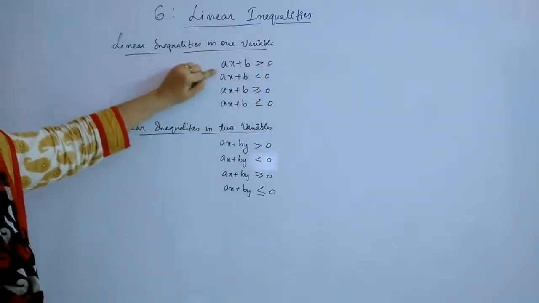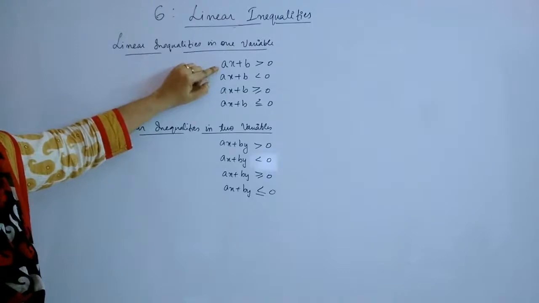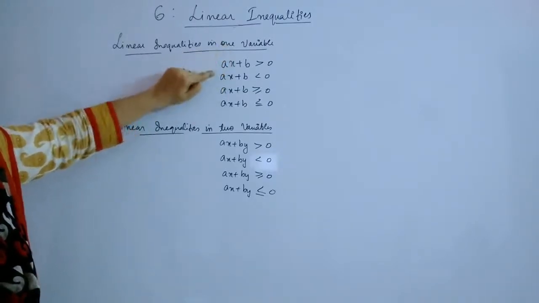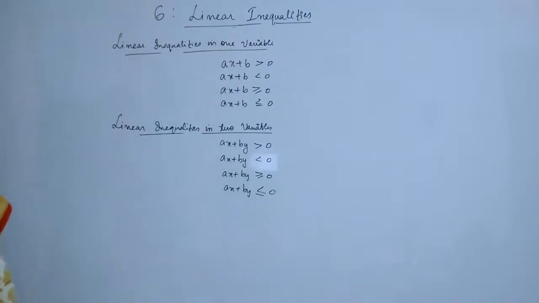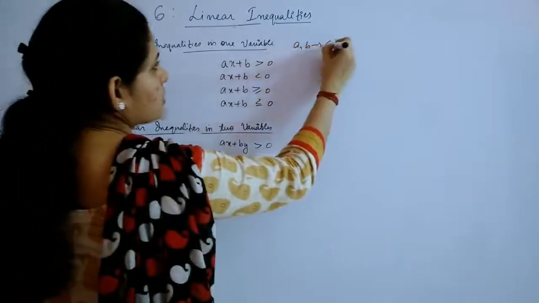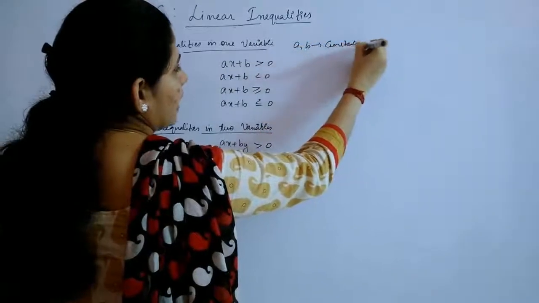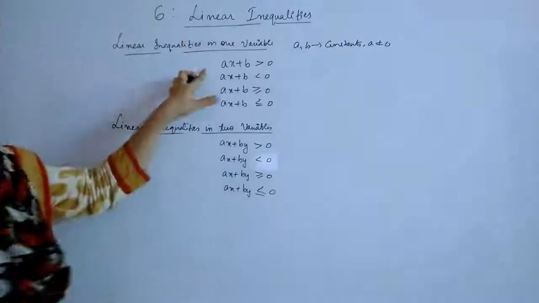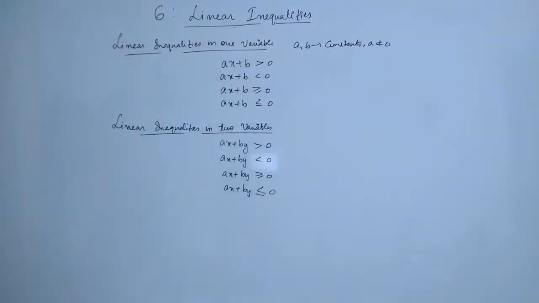On the left hand side you can see ax plus b, where x is the variable, and a and b are constants where a should not be equal to 0, because if a is 0 it will not be a linear inequation anymore.